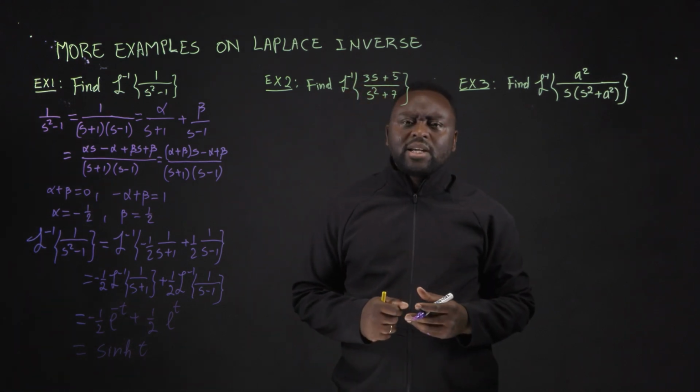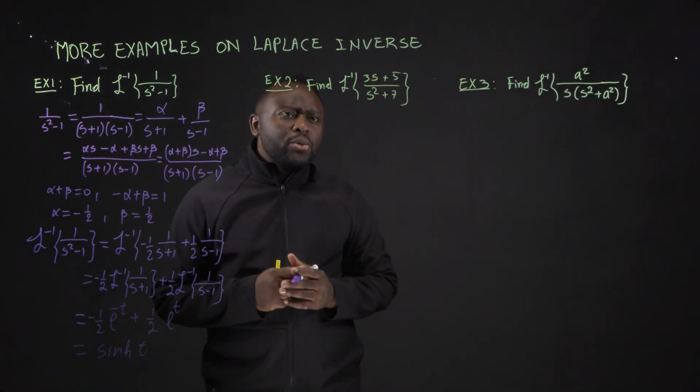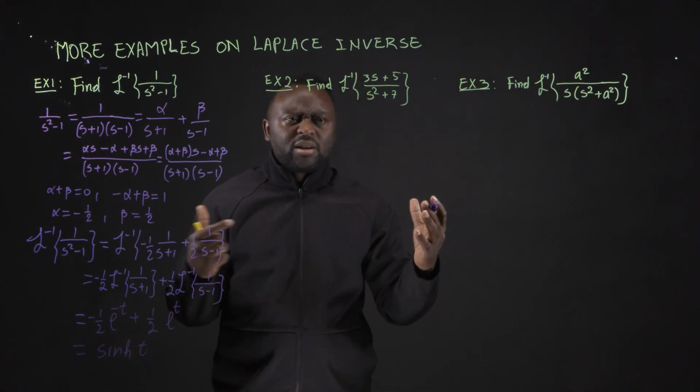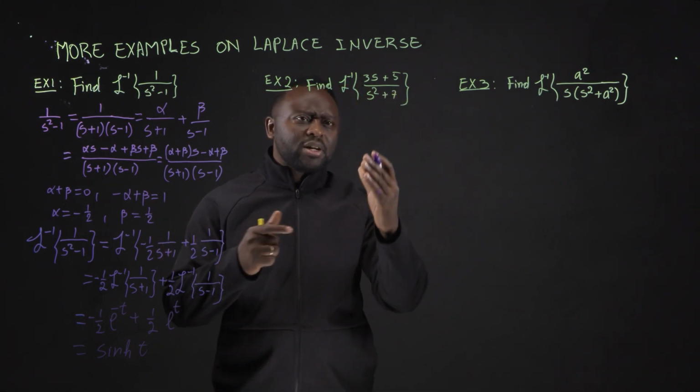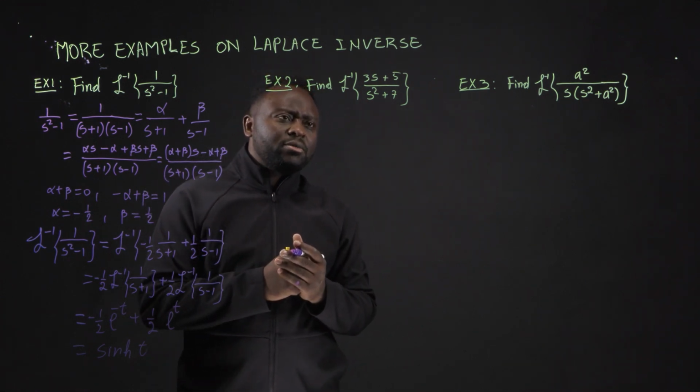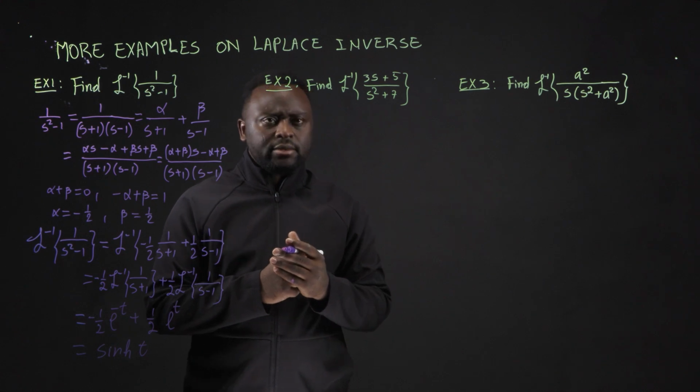Now let's look at this second example. So you basically have a fraction, and in this case we may not use a fraction decomposition because it's simple. We just have to rearrange this in such a way that we obtain what we already have in the table of the Laplace inverse.